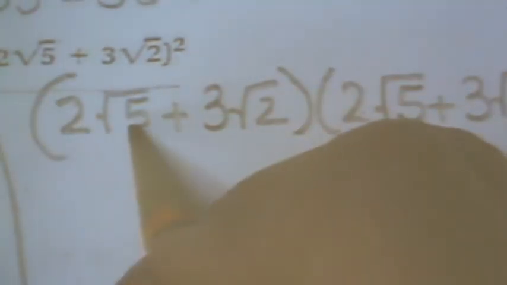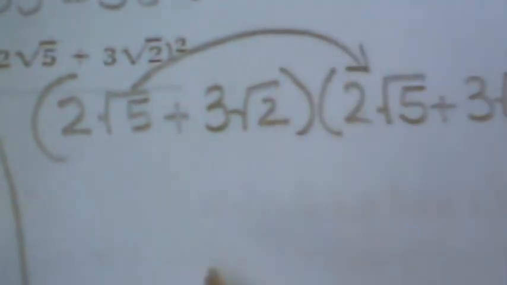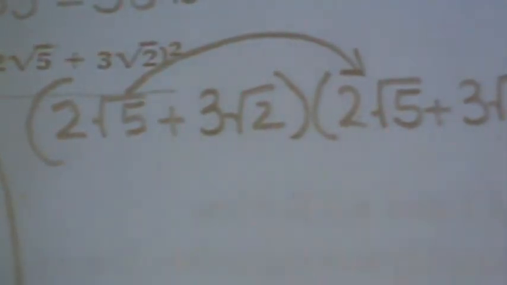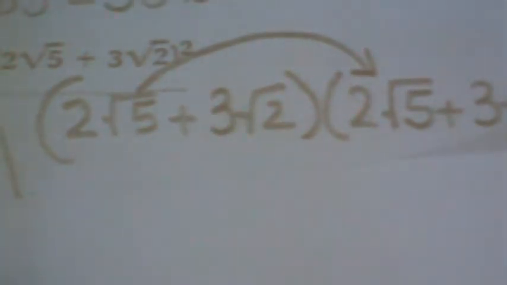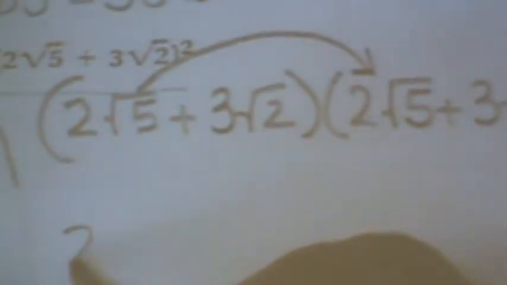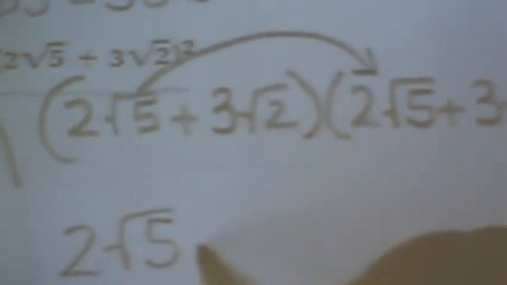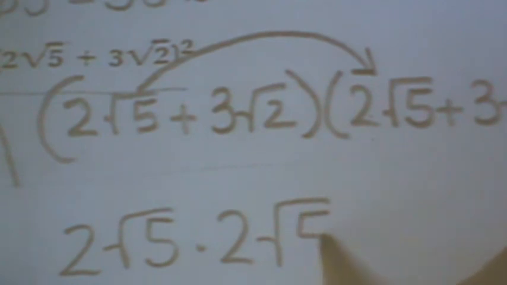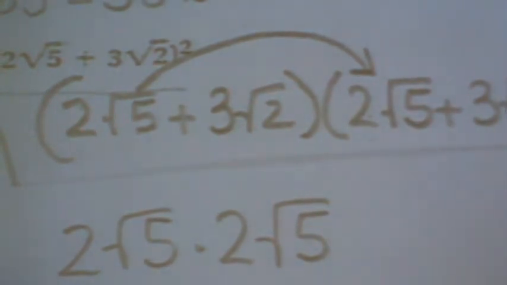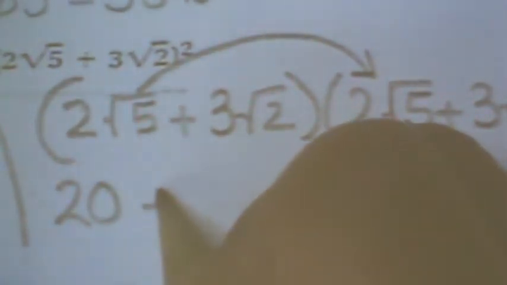What is 2 root 5 times 2 root 5? 20. Is he right? Yeah, he's right. 2 times 2 is 4 times 5 is 20. Good job.